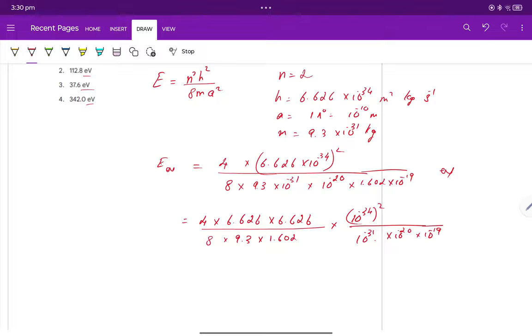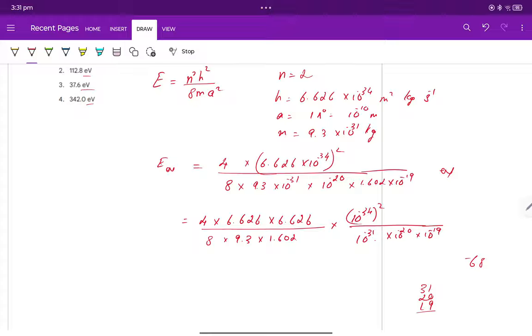So you can simplify this part. So 34 into 2, it will be 68. So that will be minus 68. Here there is minus 31. So how much will it come? 31, 20, 19, all are minus.